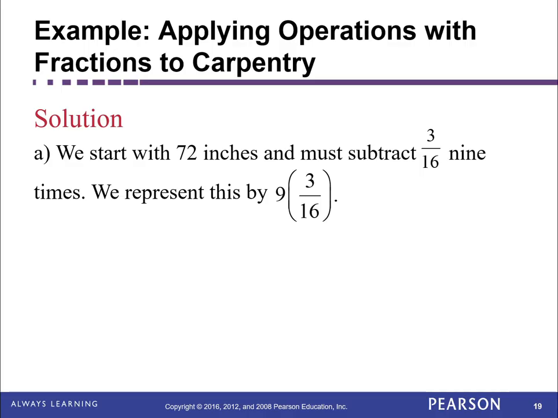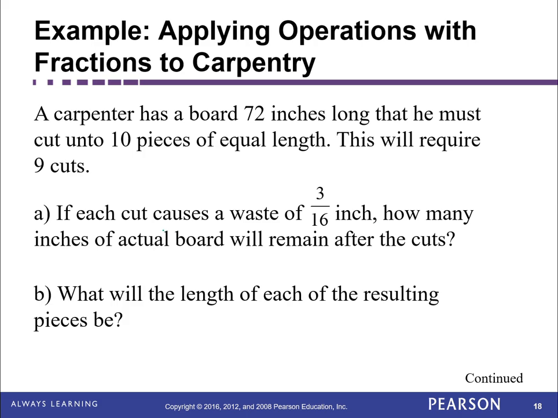All right, we start with 72 inches and we must subtract 3/16 9 times for 9 of the cuts that are going to happen on this board, because the board starts 72 inches long, but every time we make a cut, we're going to waste 3/16 of an inch.